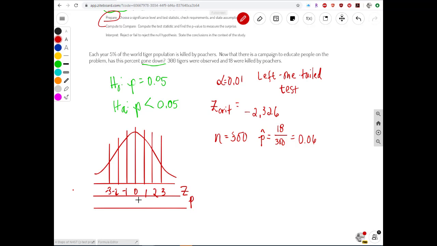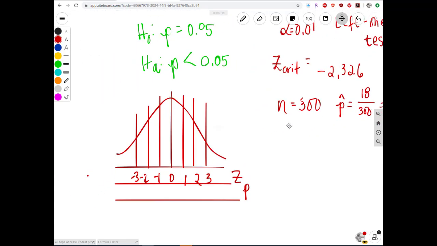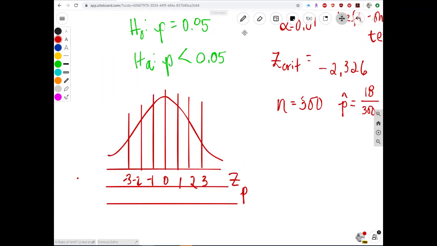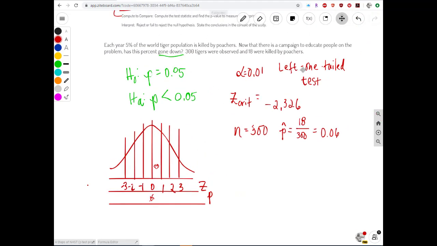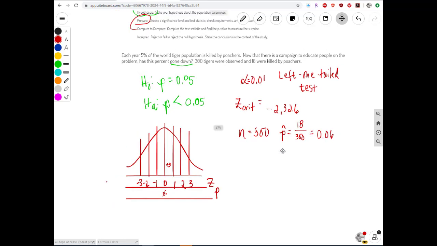And the estimated population mean is 0.05. I'm going to make this a little bit bigger so that I can make it easier for me to write on this. So right here in the middle is going to be 0.05. And I need to know this distance right here. So this distance right here is not available in the problem. We do not have the standard deviation for the population.